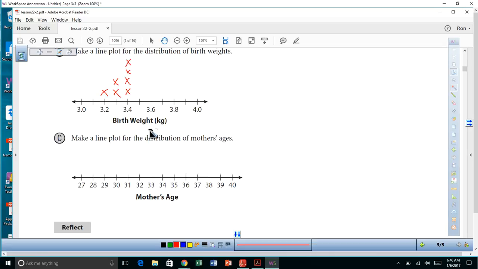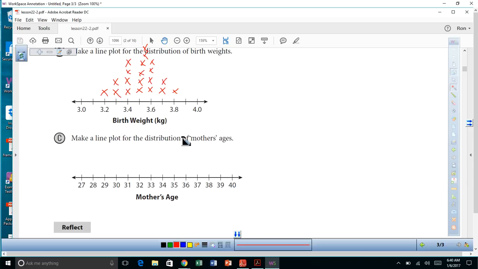And 3.5, it looks like there were 6. 1, 2, 3, 4, 5, 6. 4 3.6s. And 2 3.7s. 1 3.8.